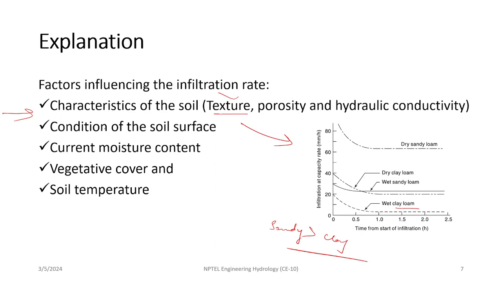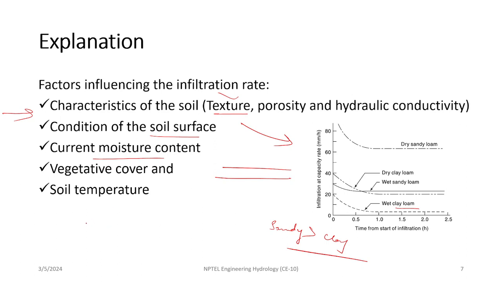No confusion. Okay, so you are right that the condition of the soil surface is also important, because if it is completely dry, or completely wet, then it influences the infiltration rate. Then current moisture level, yes, of course.